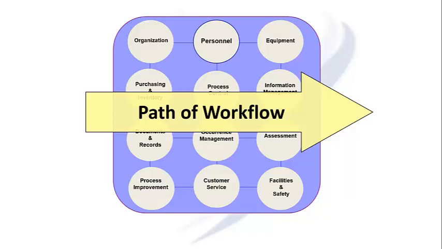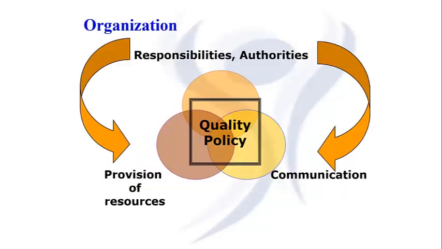This quality management system model was developed by CLSI and is fully compatible with ISO standards. Assuring accuracy and reliability throughout the path of workflow depends on good management of all of the quality essentials. And so in the next few slides, we are going to discuss each of these QSEs, starting with organization.